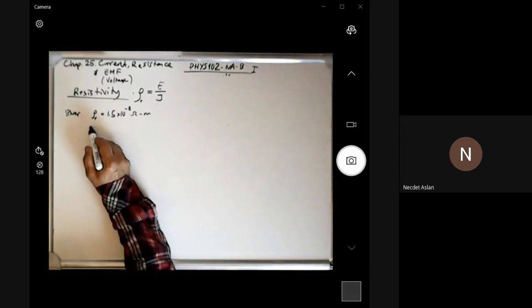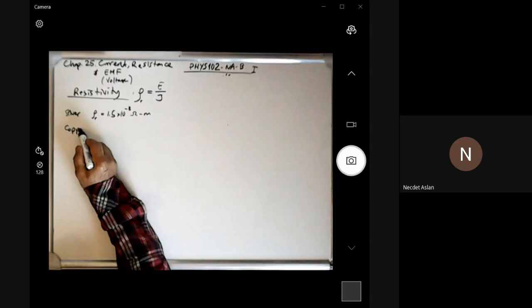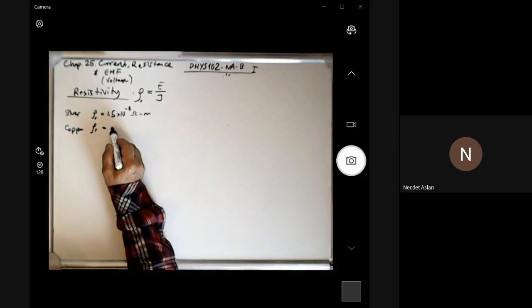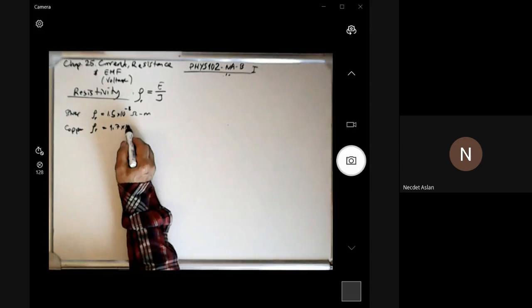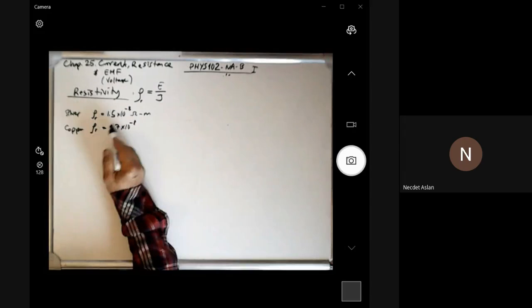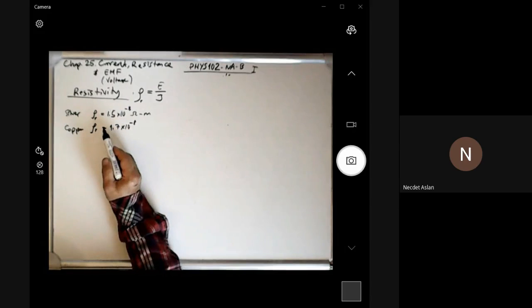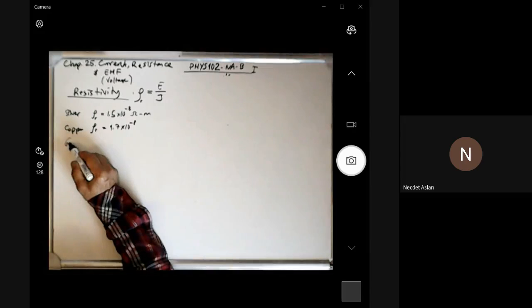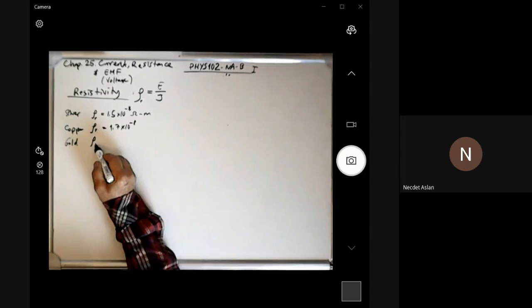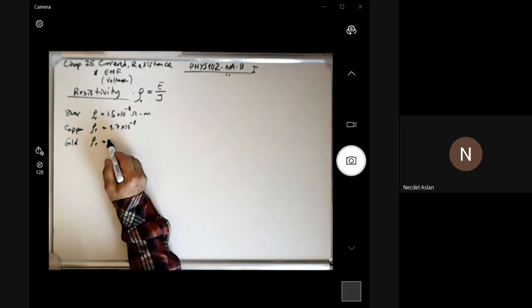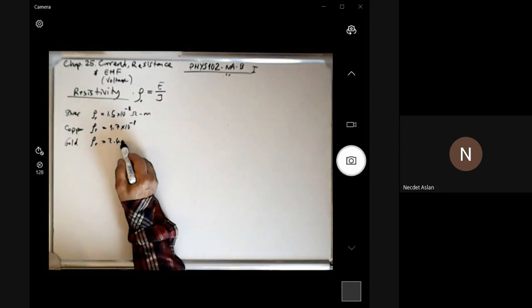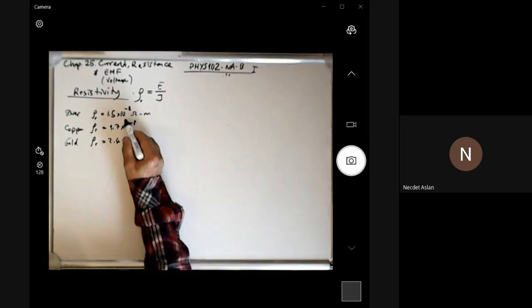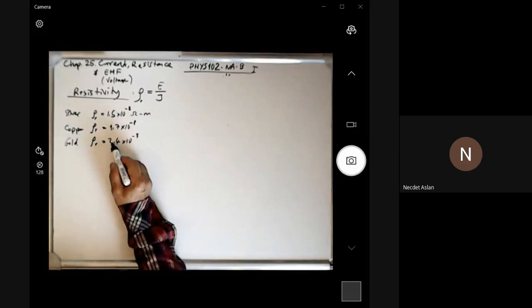For copper, resistivity is 1.7 times 10 to the minus 8. So silver is a much better conductor, but of course more expensive. Gold, which is the most expensive one, has 2.4 times 10 to the minus 8. As you see, they are similar, but there are slight differences.